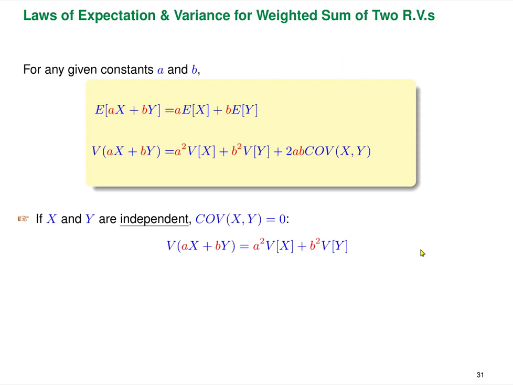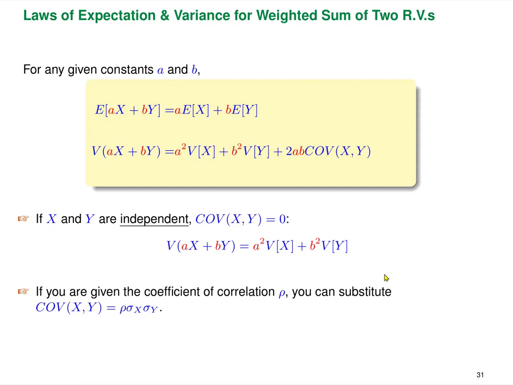If x and y are independent, then the covariance between x and y must equal 0. Then the above law of variance reduces to simply a squared times the variance of x plus b squared times the variance of y. Then the covariance correction term drops out of the equation.